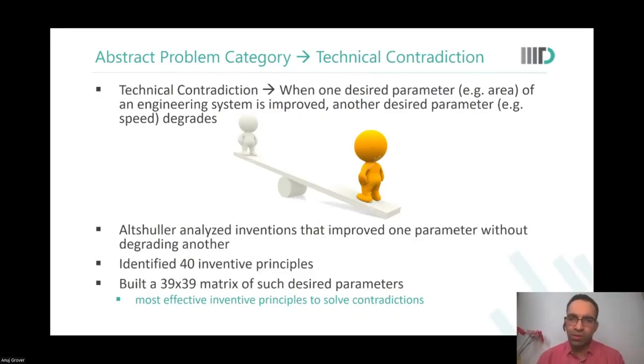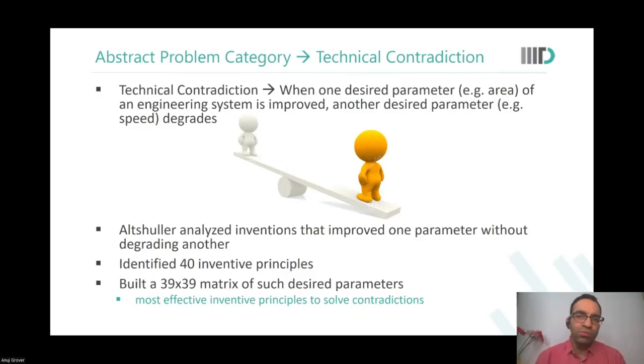Contradiction? Contradiction means that I have wanted to improve area, but my speed degraded. So it's a contradiction. How do I handle it? Inventive principles. Sir, one was there like predicting markets to come up with new technology.